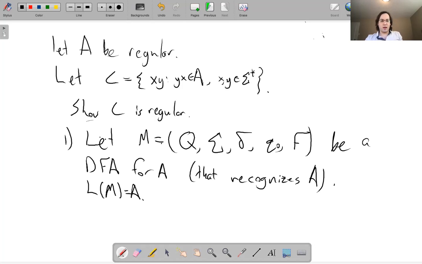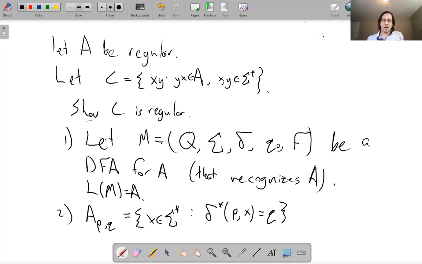And then we define the languages A_PQ. So this is the language of all strings X in sigma star such that delta star of P, X equals Q. Recall that delta star is the extended transition function.